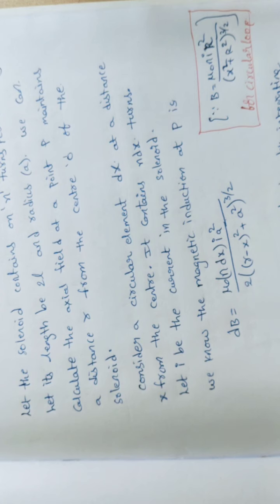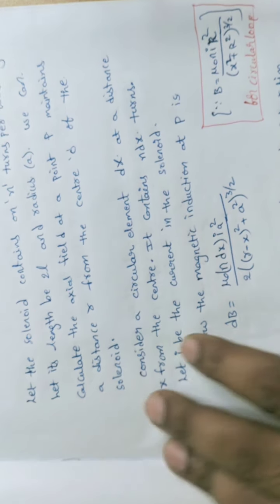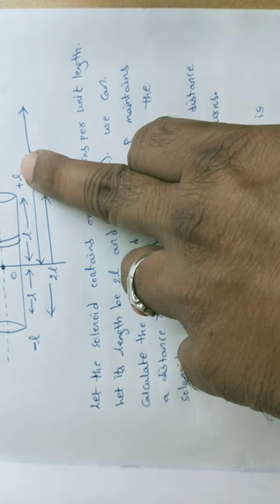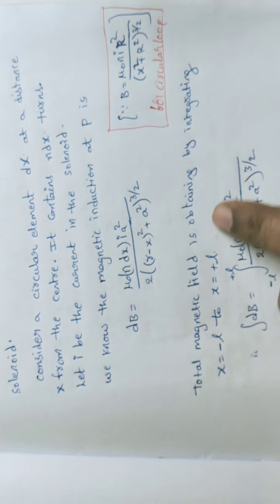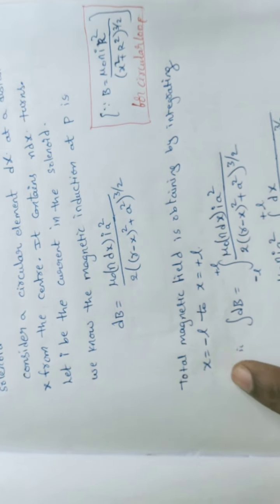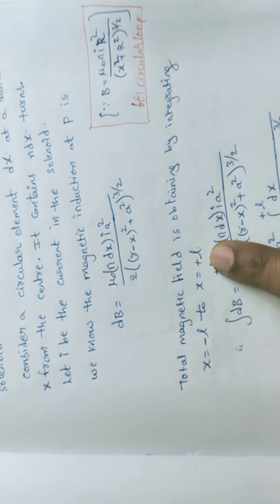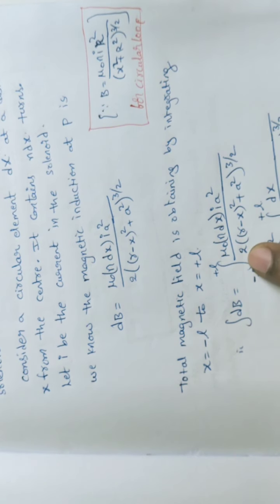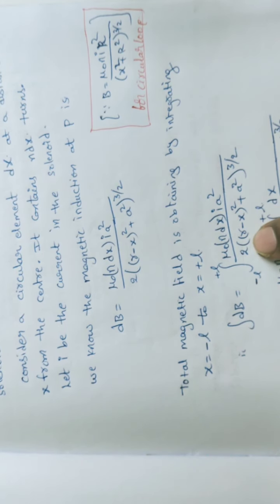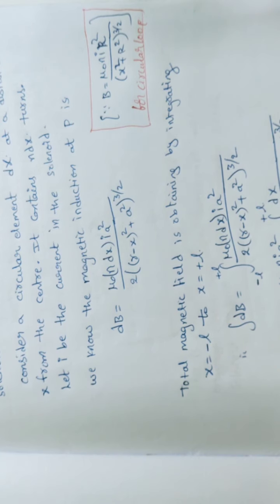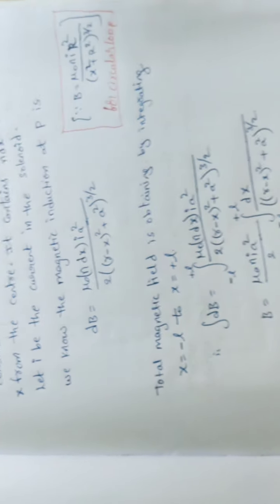Applying integration, the limits are taken from minus L to plus L, that is, x equals minus L to x equals plus L. So the integral of dB equals the integral of mu naught n dx I a square divided by 2 into (r minus x) whole square plus a square, whole power 3 by 2. Students, observe carefully.